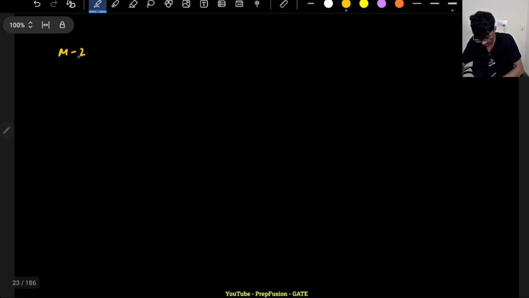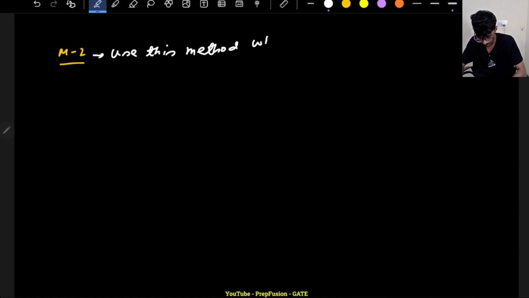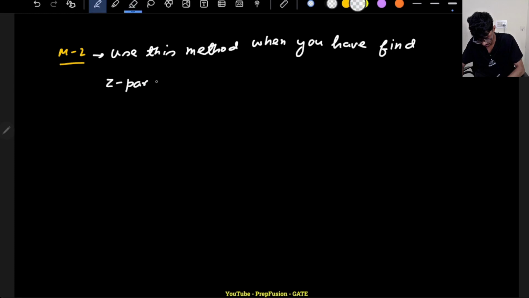So this was the first method. Second method is, right, when you have to find Z parameters of the whole network.